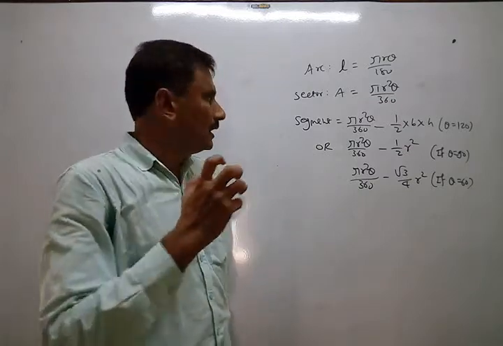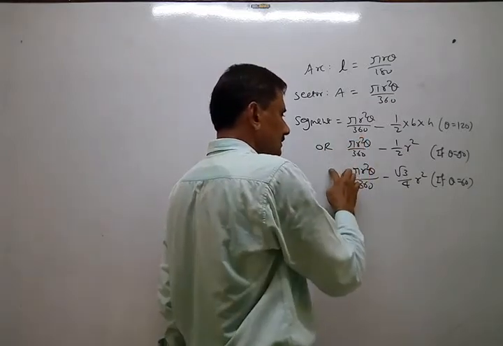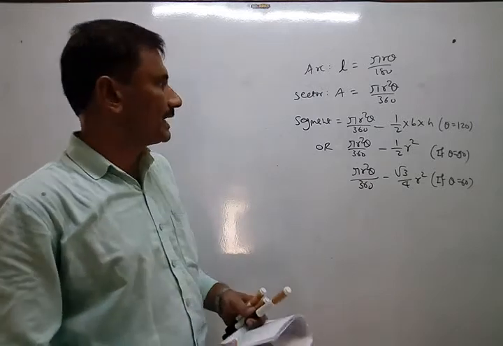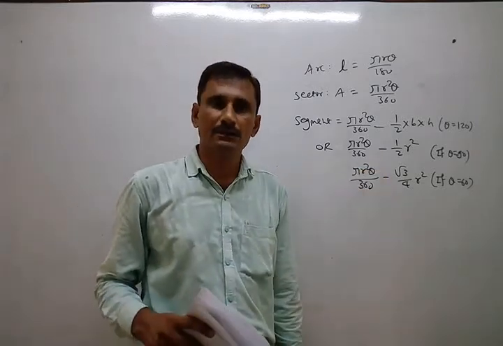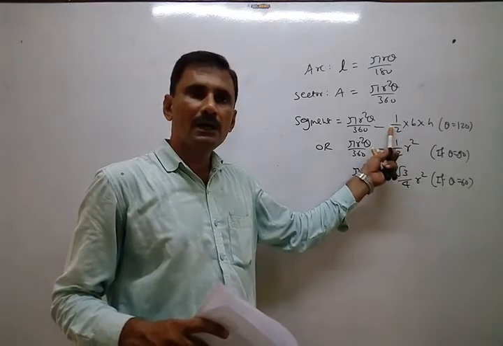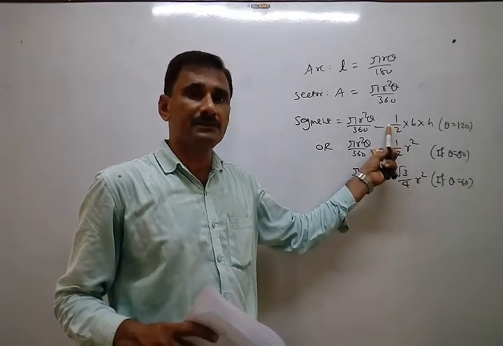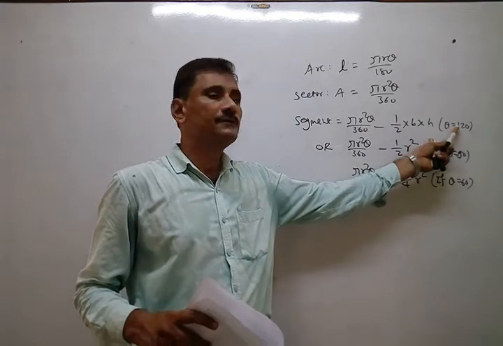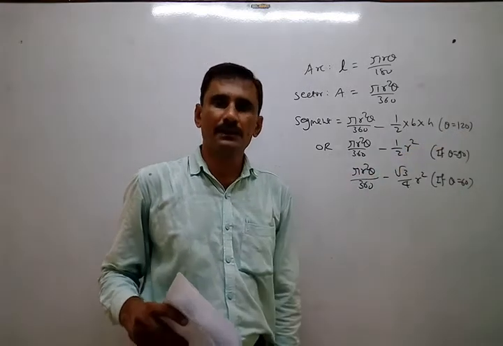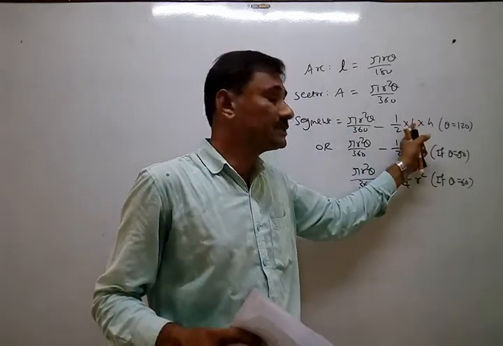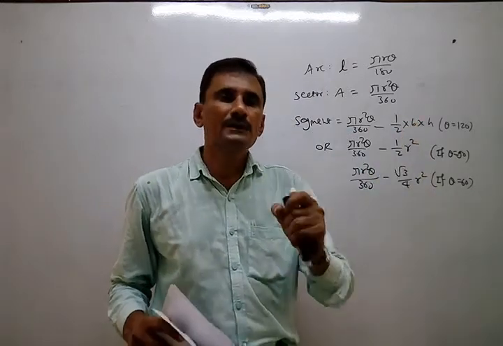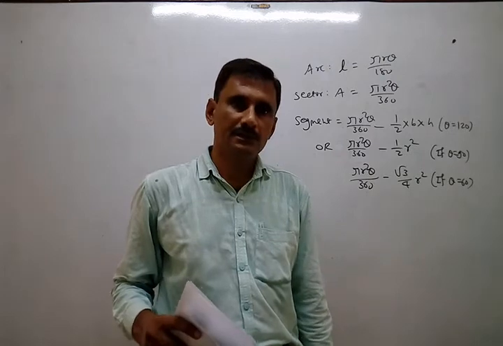Now, first of all, we will practice these two, 90 and 60 only. Then one example and one exercise sum is of 120. We will do it later on, because in this question, the concept of trigonometry is used.